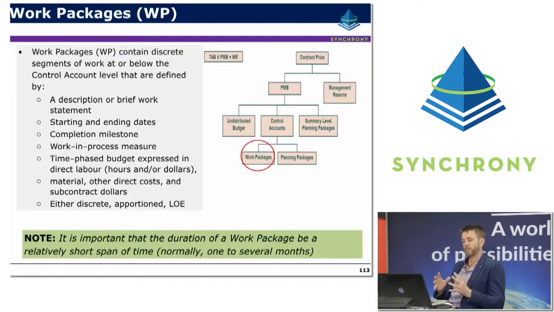A discrete measurable work package would typically be a relatively short span of time. You wouldn't want it to be more than 1 to 2 periods, whereas some of the level of effort or apportioned effort type work packages that tend to be for management, it's okay to have them spanning a longer period of time because you want them to be as low maintenance as possible. You don't want that to be a management focus area, and you want it to be low maintenance for the project controls team.